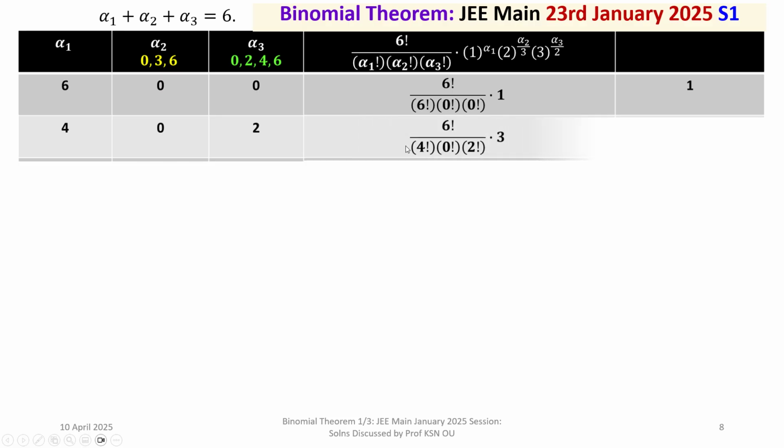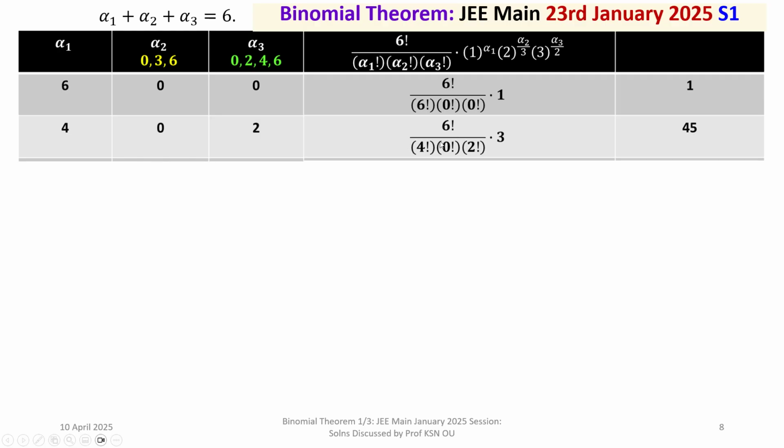Substitute here: 4 factorial, 0 factorial, 2 factorial, so 1 to the power of 4, 2 to the power of 0, 3 to the power of 2 by 2, that is 3.